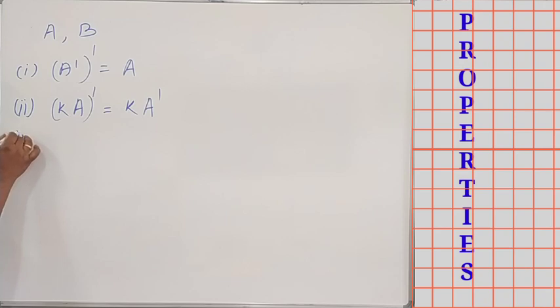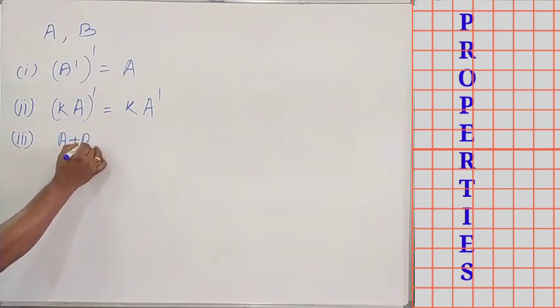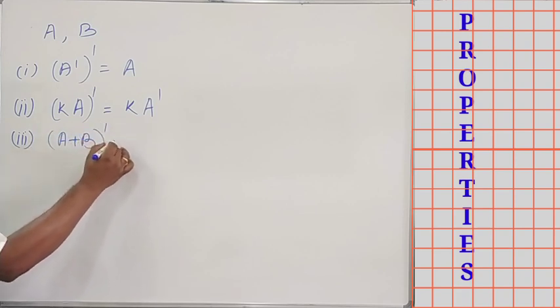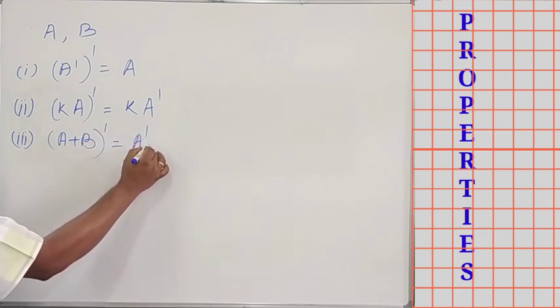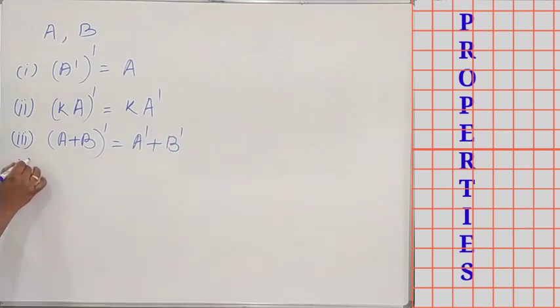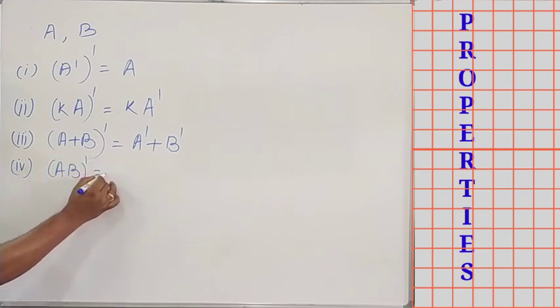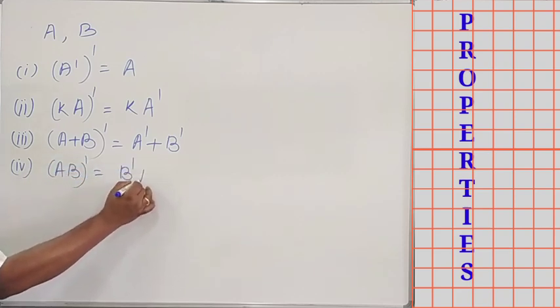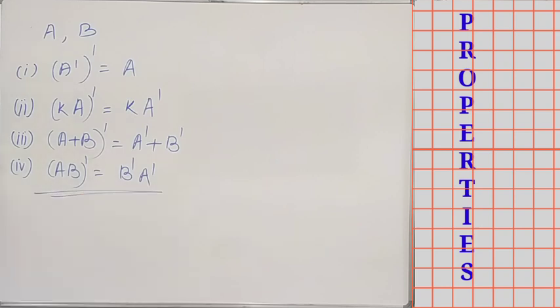And for two matrices A and B, A plus B whole transpose is equal to A transpose plus B transpose, and the fourth property, that is A into B whole transpose is equal to B transpose into A transpose.